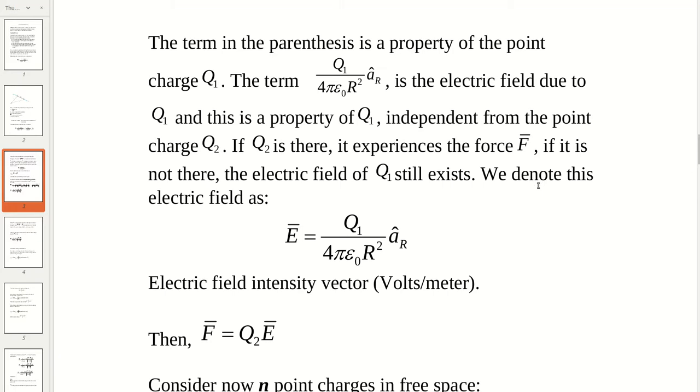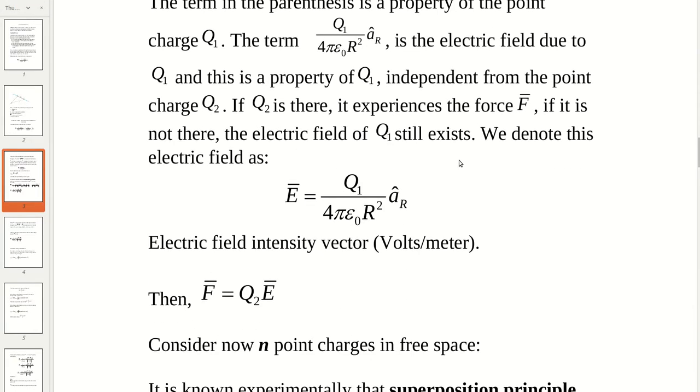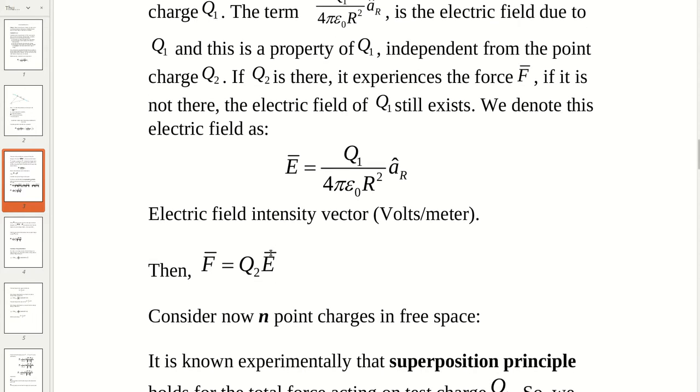So we denote this part only as the electric field, the electric field intensity. It is in volts over meter, and so we can write F as Q2 times E. E is a vector.